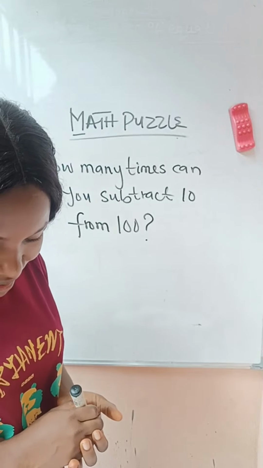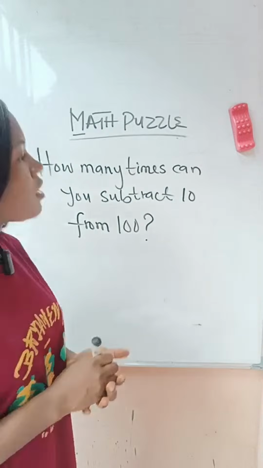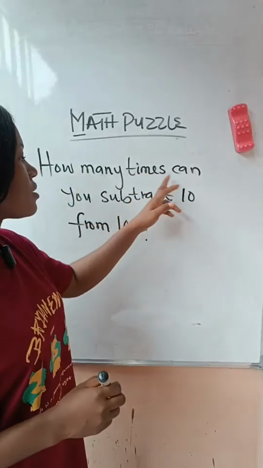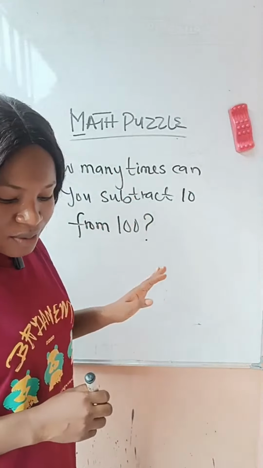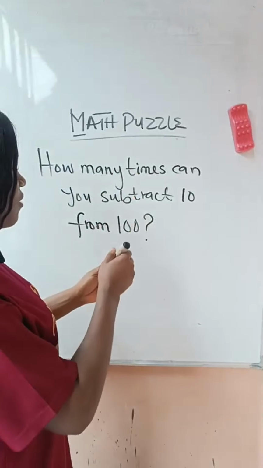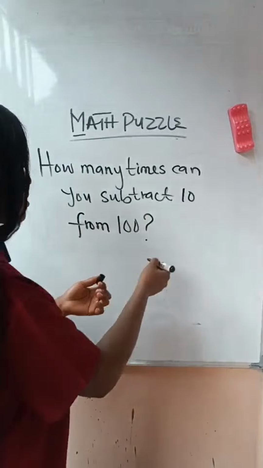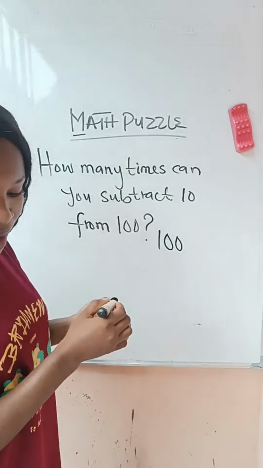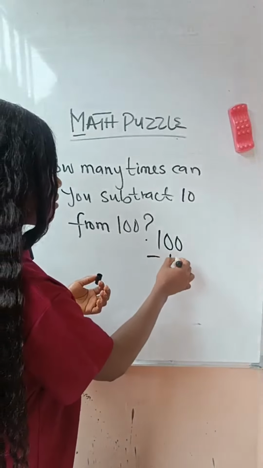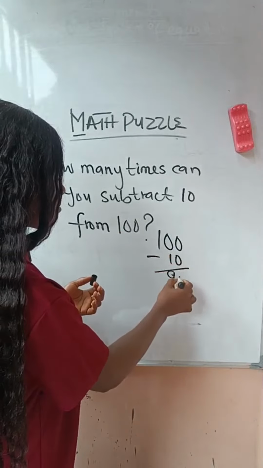Now let's go, friends. How many times can you subtract 10 from 100? Do you know the truth? We have 100, so let me write it so you understand. If you subtract 10 from 100, you'll have 90.